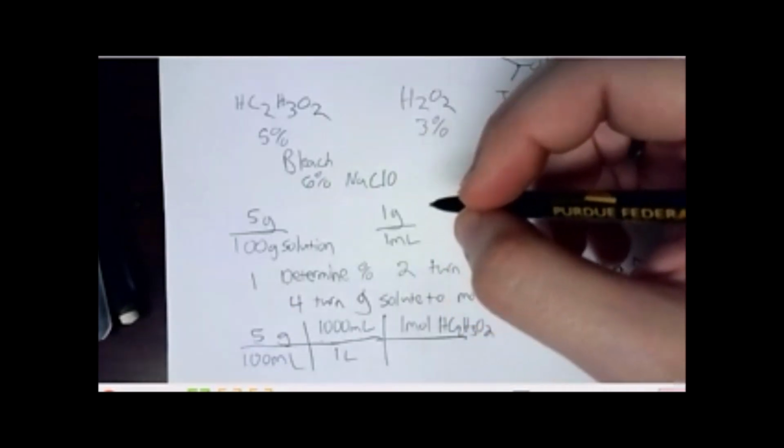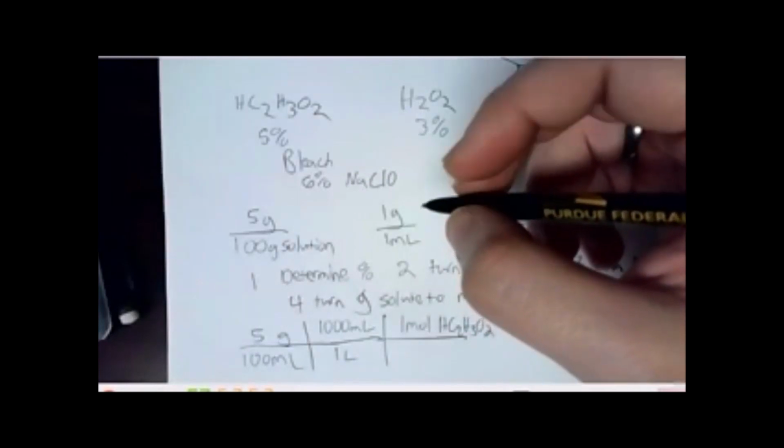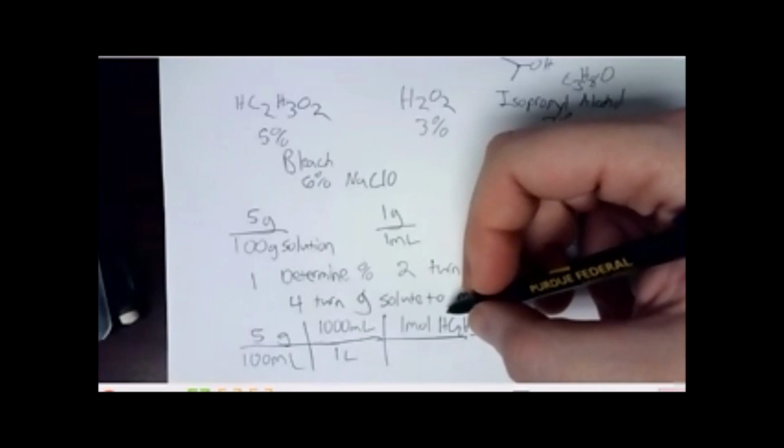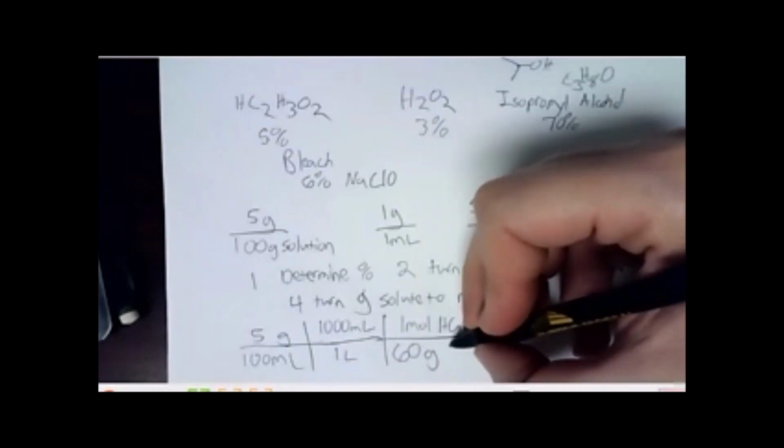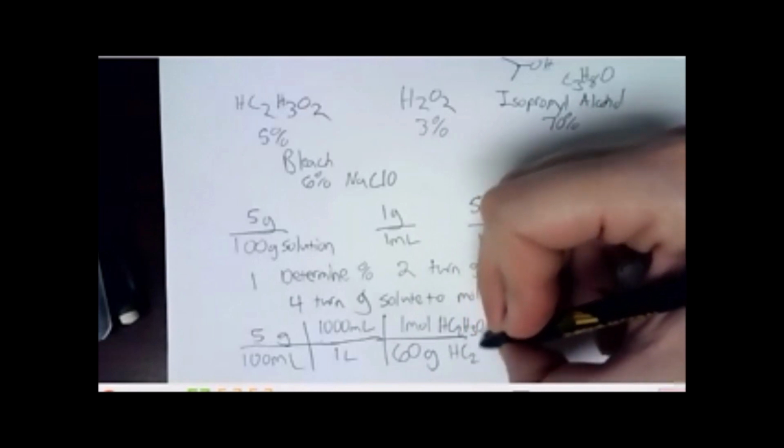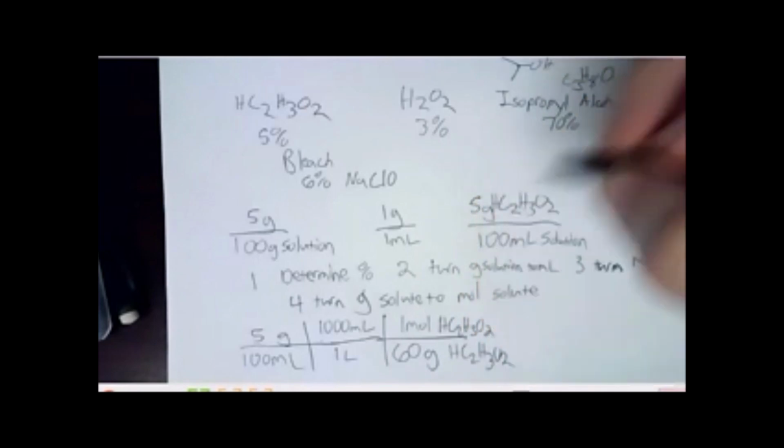HC2H3O2: 12 times 2, plus 4 hydrogens (there's 3 there and another 1 there), and 2 oxygens, 32. A molar mass of 60 grams of acetic acid per mole.